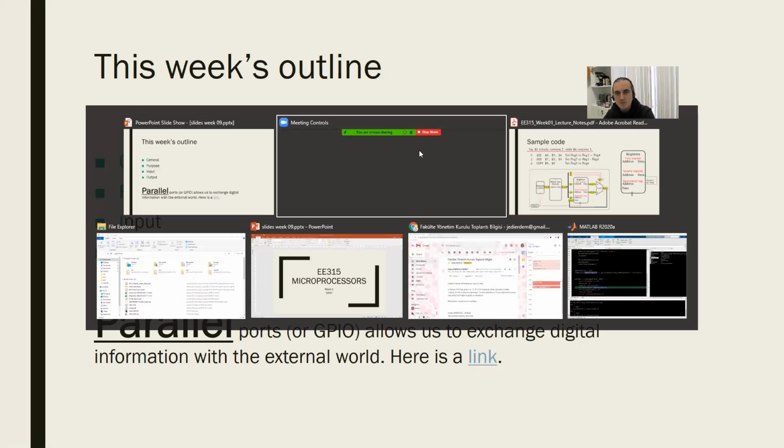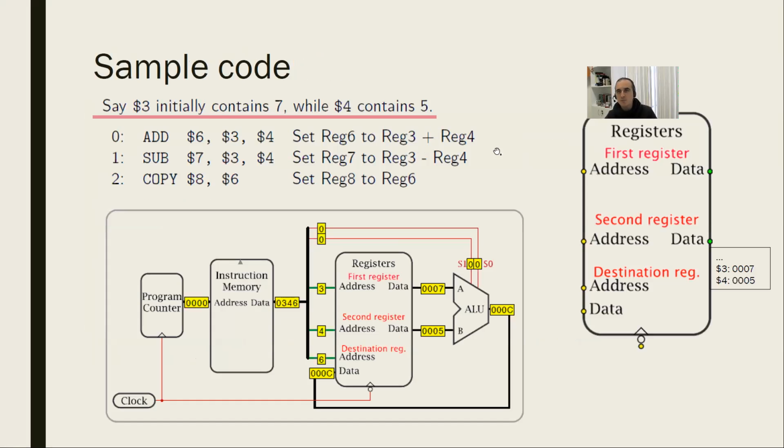Today, I'm going to be referring to this notation. Remember from the previous weeks, we had the very simple microprocessor architecture in which we had the clock, we had the program counter, we had the instruction memory, we had the registers, and we had the ALU. Even in this one, we didn't have any memory. Remember, this guy couldn't talk to the outside world.